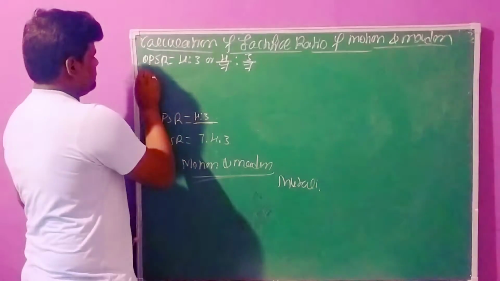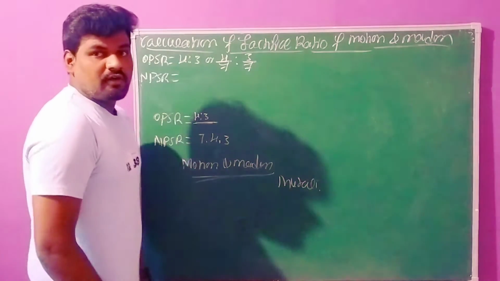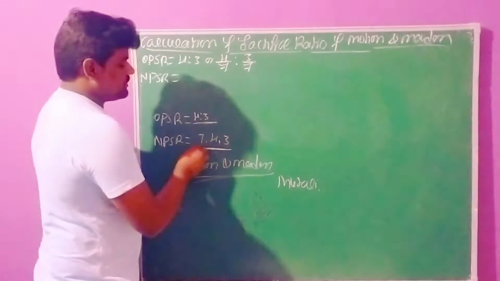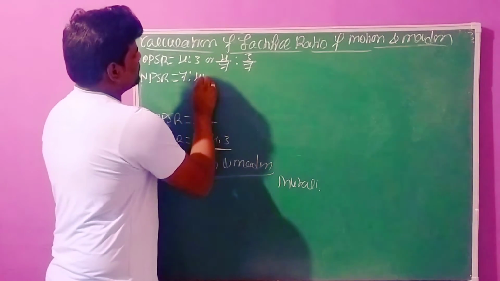And the new profit sharing ratio after the admission of the new partner, Murali, is 7:4:3.